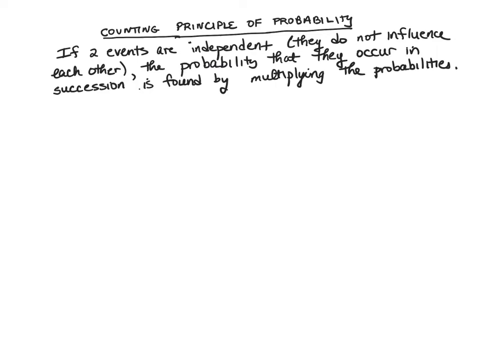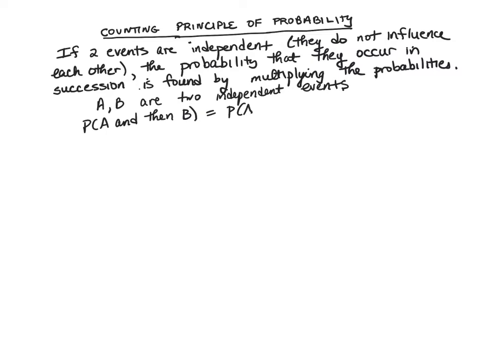Or we could say if A and B are two independent events, like tossing a coin and tossing the die, then the probability of A and then B, or they could occur at the same time, because we could toss a die and a coin at the same time, can be found by taking the probability of A, taking the probability of B, and multiplying them. Okay, so let's take a look at a few problems that you have on your worksheet.